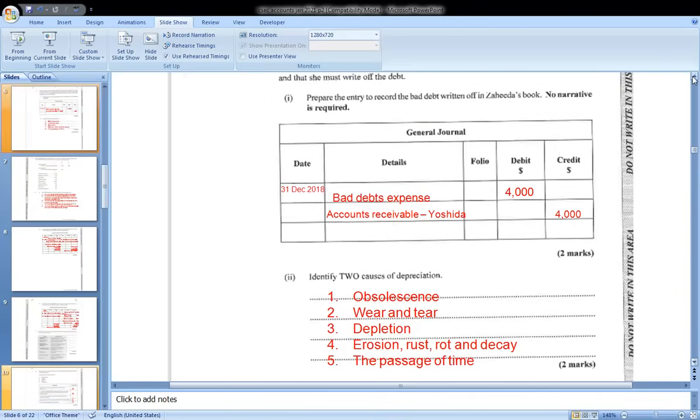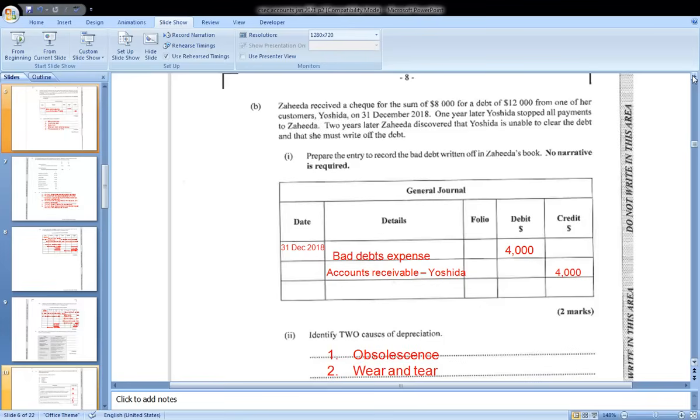Here we go. Sorry, I said 2, it's 1b. It says Zaida received a check for the sum of $8,000 for a debt of $12,000 from one of her customers, Yoshida, on the 31st of December 2018. 1 year later, Yoshida stopped all payments to Zaida. 2 years later, Zaida discovered that Yoshida is unable to clear the debt and that she must write off the debt. 1.